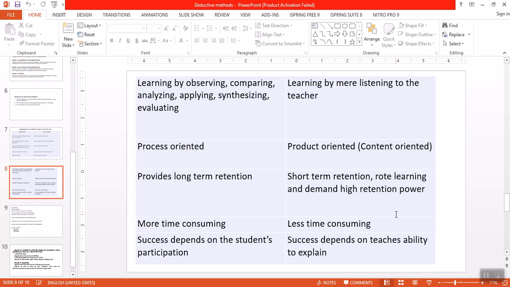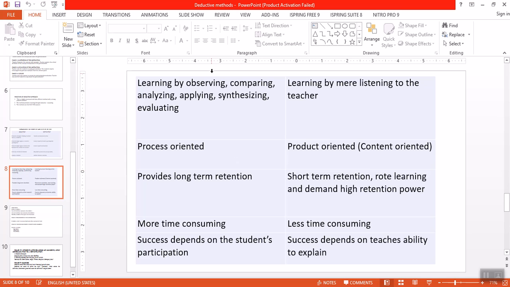In the inductive, learning by observing, comparing, analyzing, synthesizing and evaluating are all actively seen. The student has to do all this, whereas in the deductive, students simply listen. This is process oriented and this is product oriented. Therefore, teachers who try to be teacher-centered and do a lecture method mostly follow the deductive method.